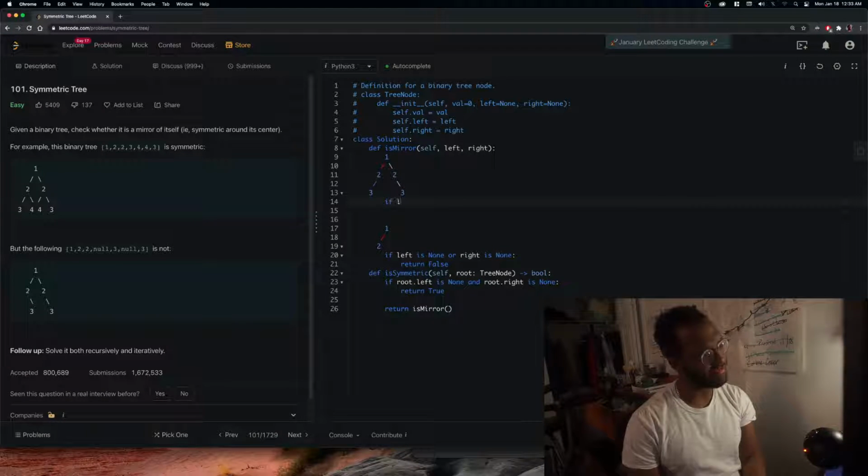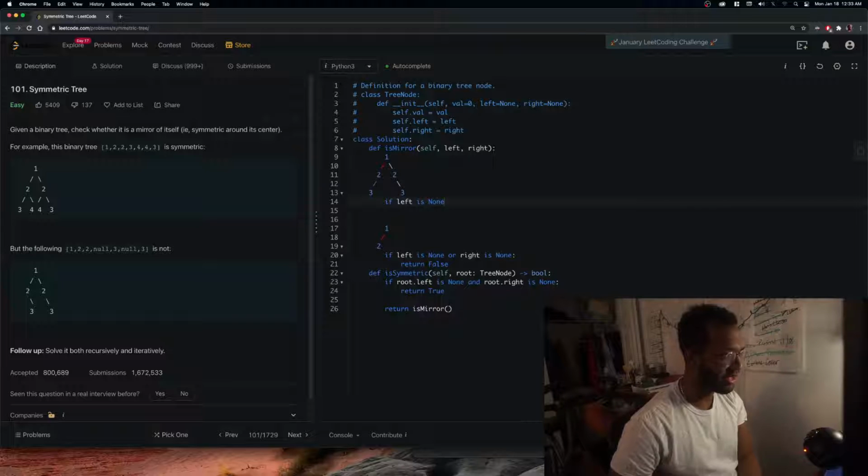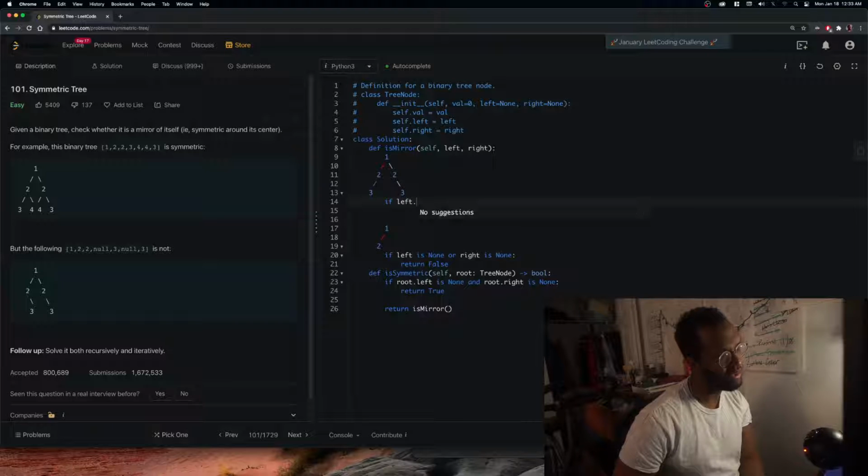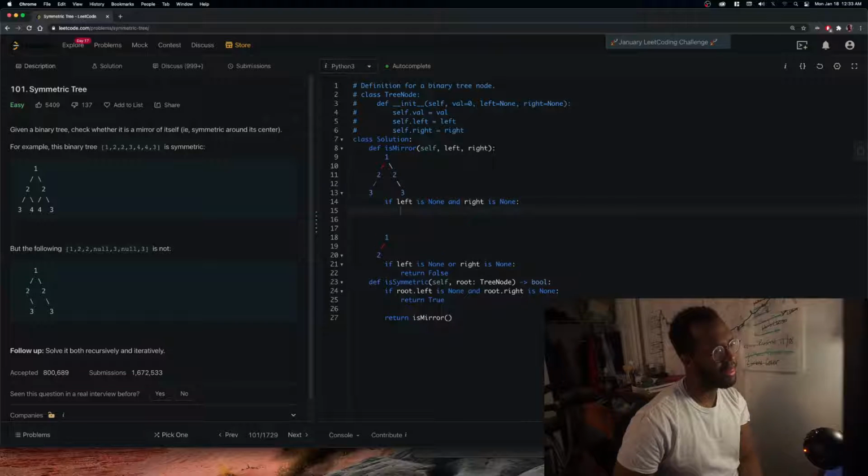So we'll say if left is none and right is none, then we're going to return true.